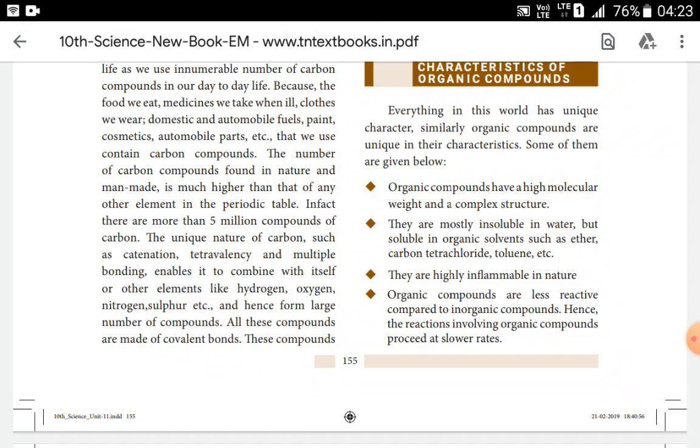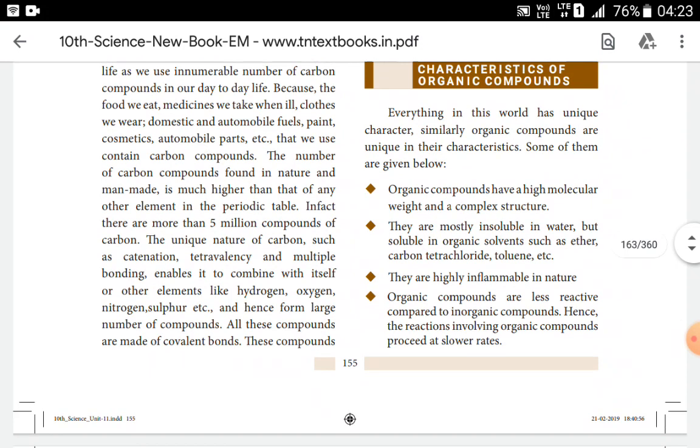Next property is tetravalency. What is called tetravalency? Tetra means 4. That is the tendency to share its 4 electrons with other atoms to complete its octet structure. The octet rule, rule of 8, is the tendency of an atom attaining 8 electrons in its outermost shell.